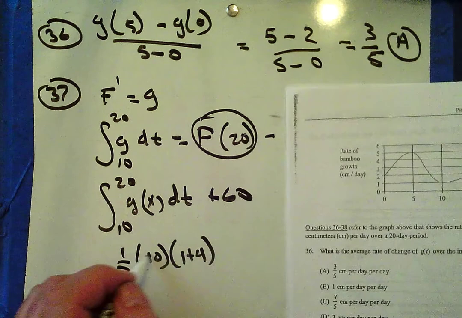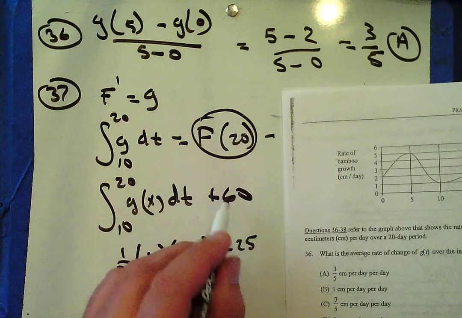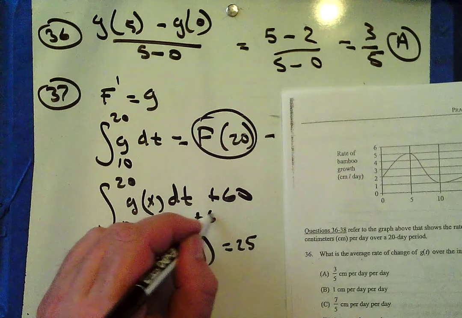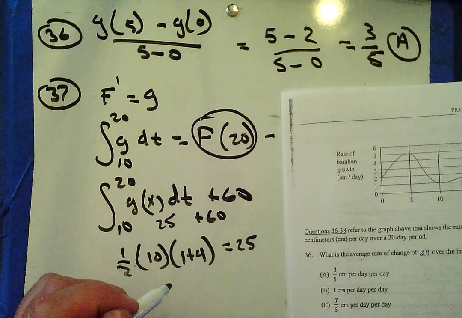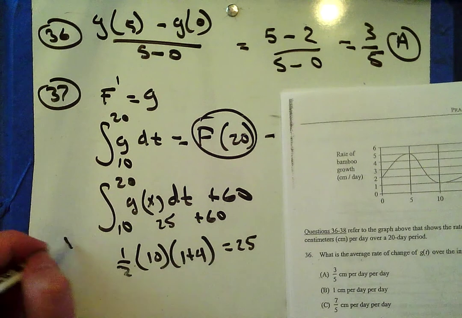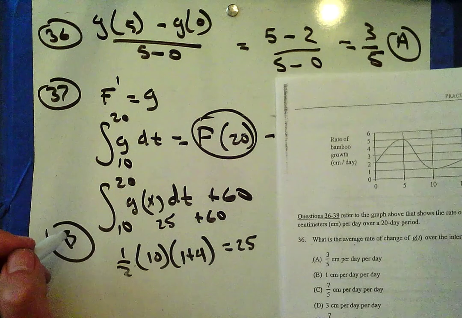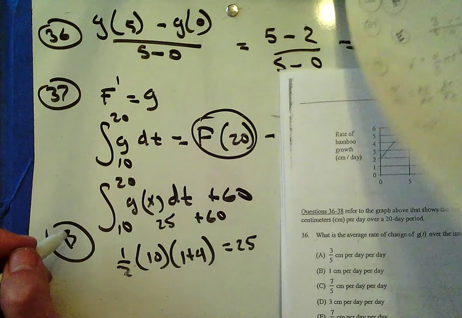And so I get 5 times 5, or 25. 25 plus 60 looks like 85 to me. And so I'm going with choice D for number 37.